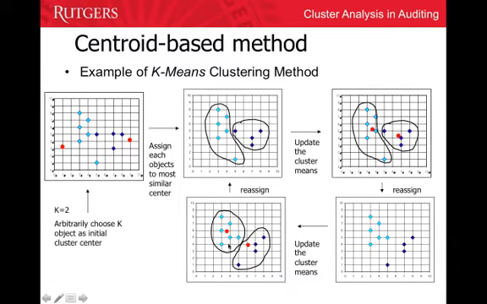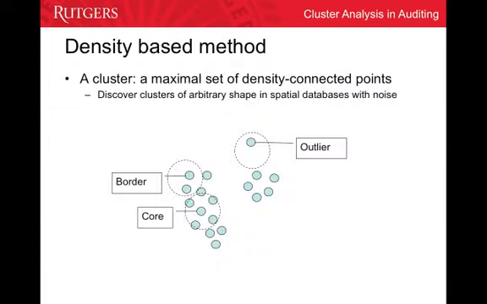If the centroids don't change, it means that it is in a stable stage, an optimized stage, and these 2 clusters are the best clusters. So this is the centroid-based method.